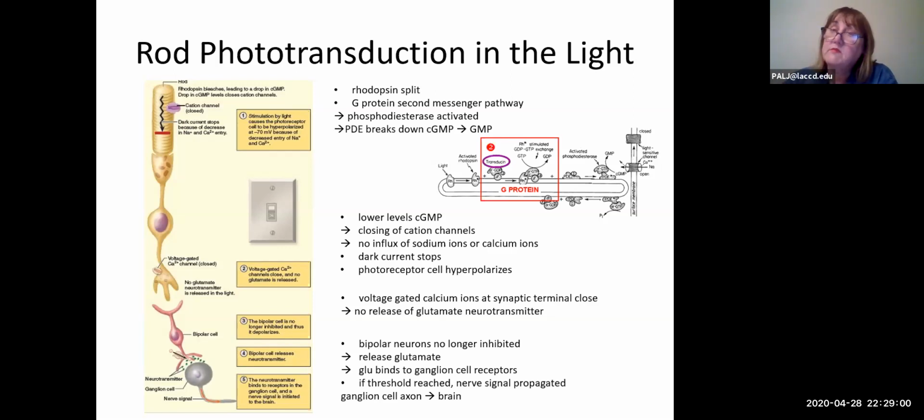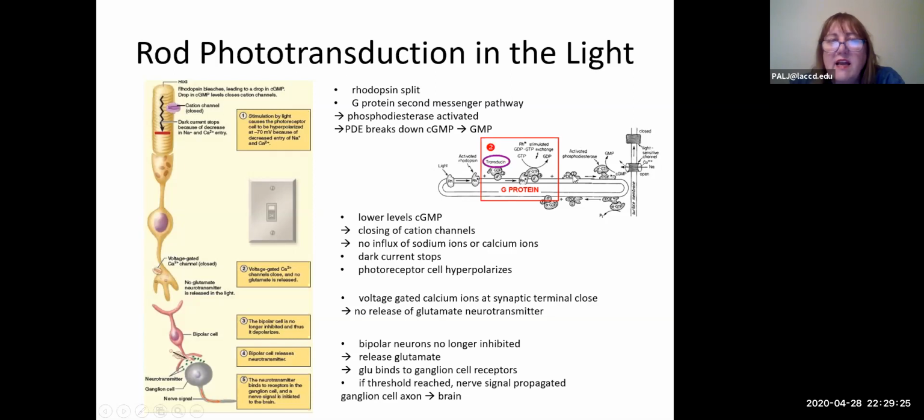So you know we're in a second messenger system, okay? But it doesn't have anything to do with cyclic AMP. It doesn't have anything to do with adenylate cyclase. What it's going to activate is the enzyme phosphodiesterase, okay? Because G proteins activate enzymes. In this case, phosphodiesterase, which should be a PDE someplace over here. Yes, there's your PDE, okay?